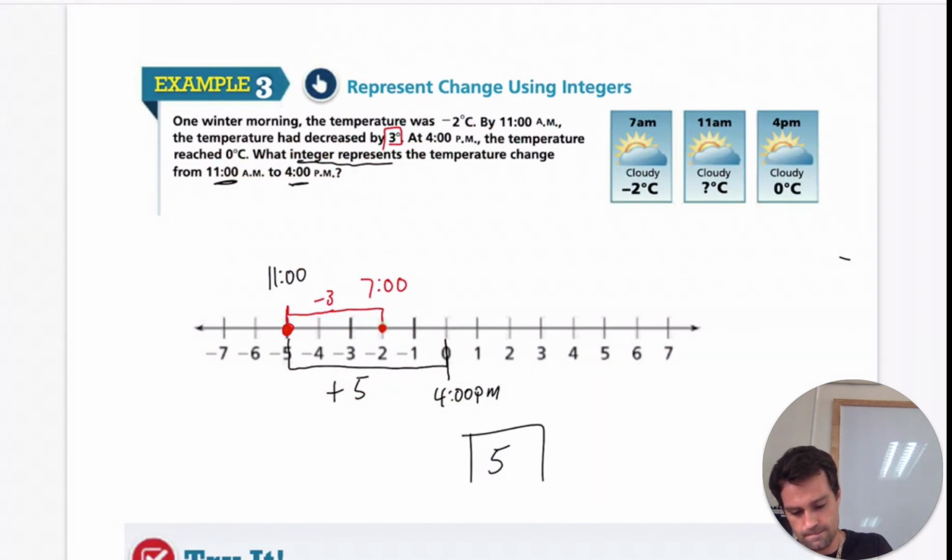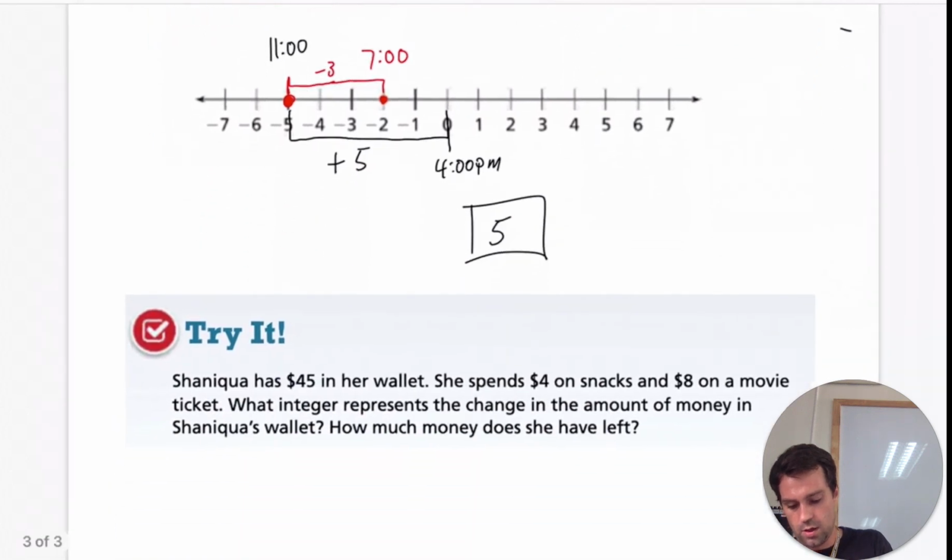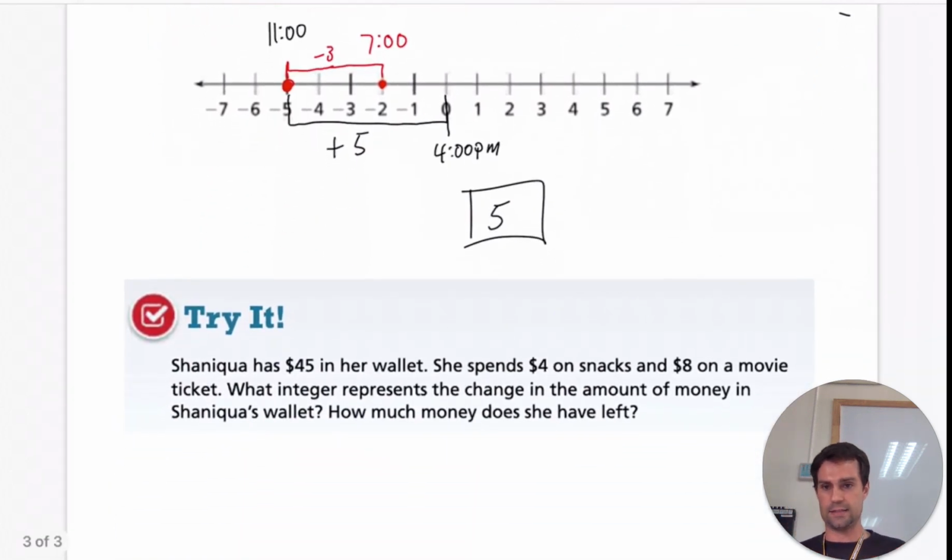Okay? Go ahead and look at this question here and then try it on your own. So the first part, what integer represents the amount, is negative 12 and $33. Okay?